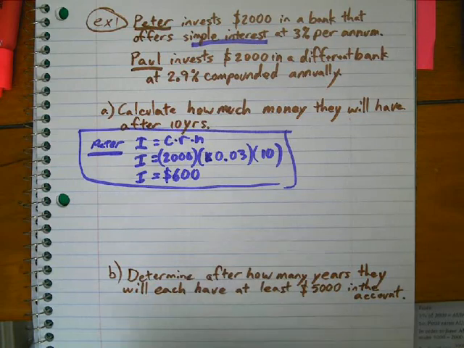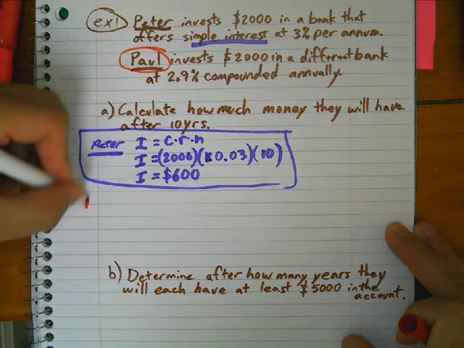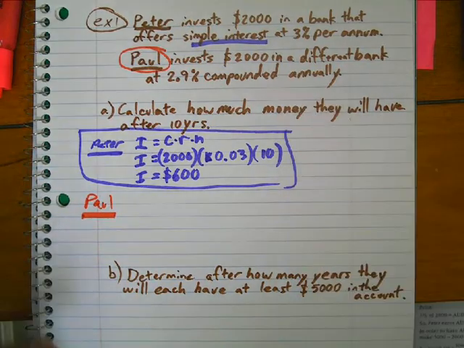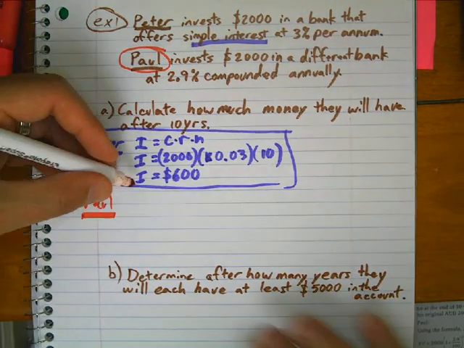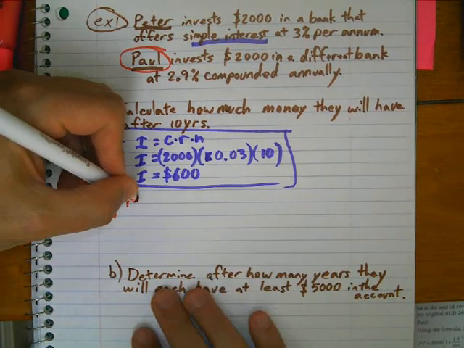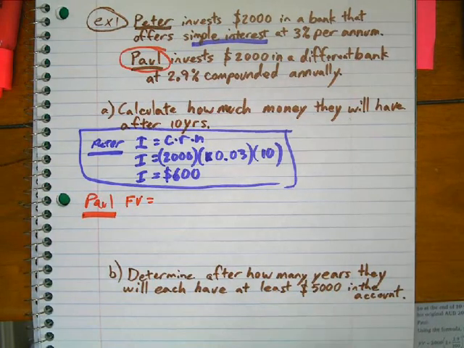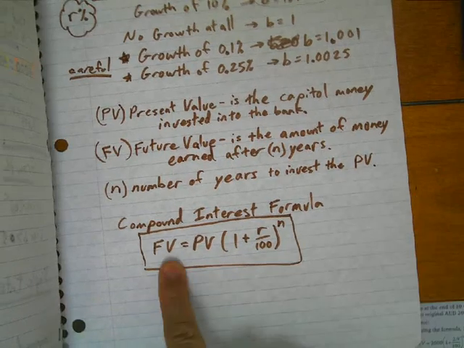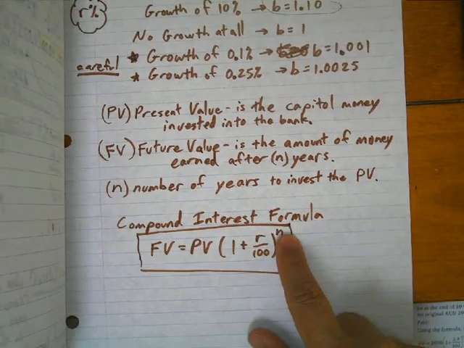All right, so let's do Paul in a different color. Okay, so for Paul, it's growing compound. So basically, there we go. Let's look at our formula again. The future value is equal to the present value times our new rate to the power of n.